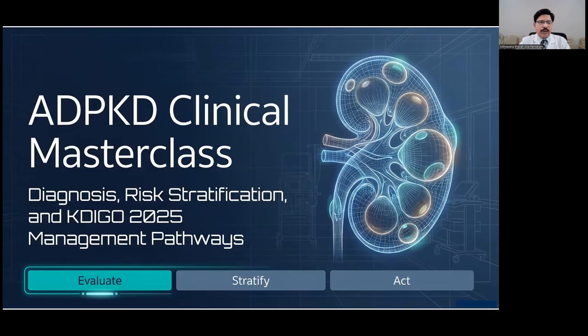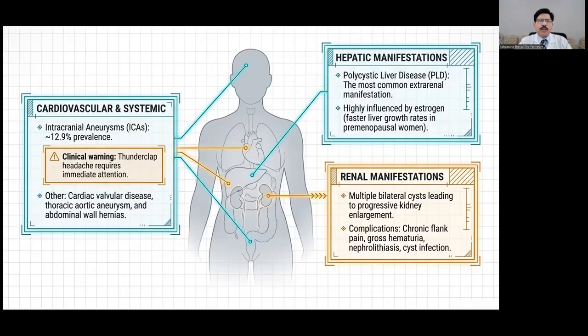Evaluate, stratify, and act. Now, you see, is it isolated renal manifestation as on the right-hand side lower part? Or are there cardiovascular systemic manifestations as on the left-hand side? Or are there hepatic manifestations as you see on the top right-hand side?